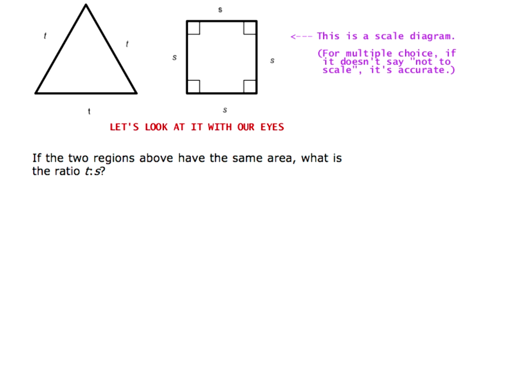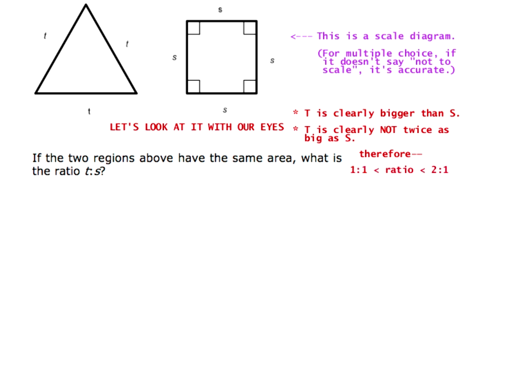So T is clearly bigger than S. But also, just as clearly, T is very clearly not twice as big as S. Which means the ratio has got to be more than 1 to 1, but it's got to be less than 2 to 1.